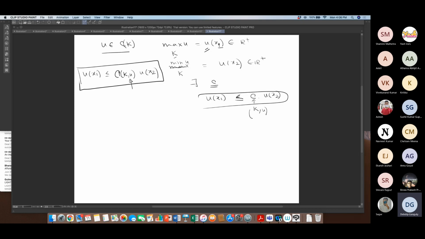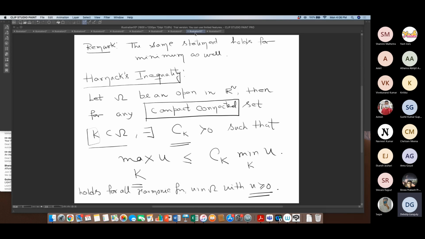But this beautiful theorem, the Harnack inequality, says that if it is a harmonic function, you can get a constant which is independent of the function u. It only depends on the compact set.